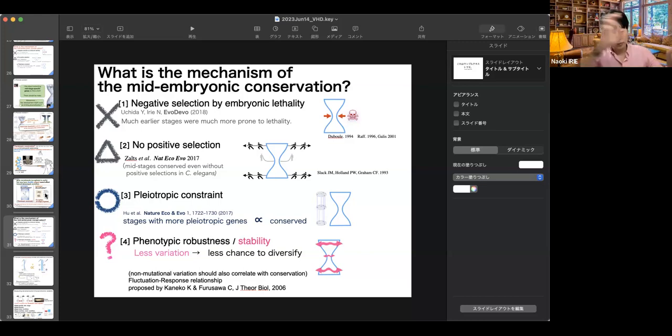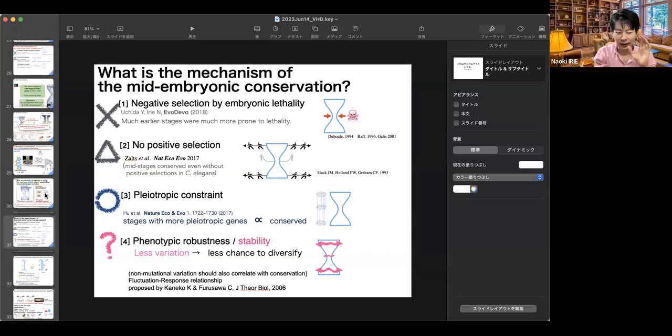But when we try to compare them across phyla, the mid-embryonic stage conservation disappears. So it seems like the stability and robustness were inevitable for them.